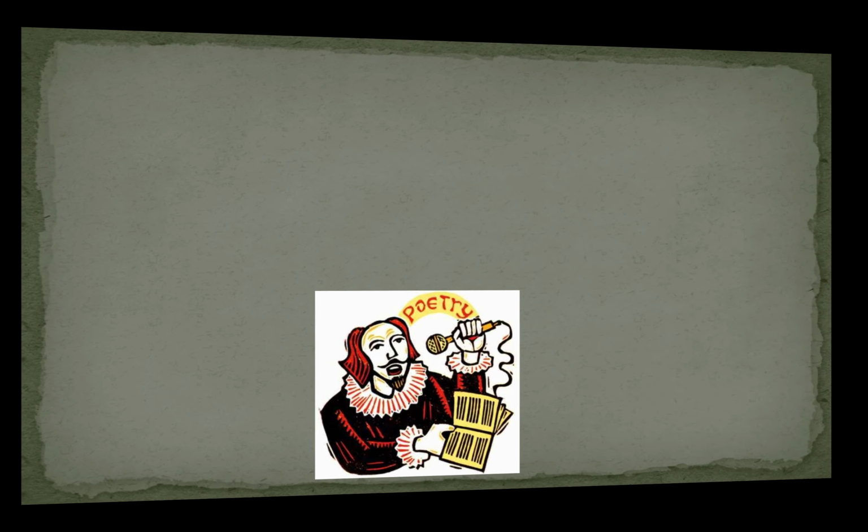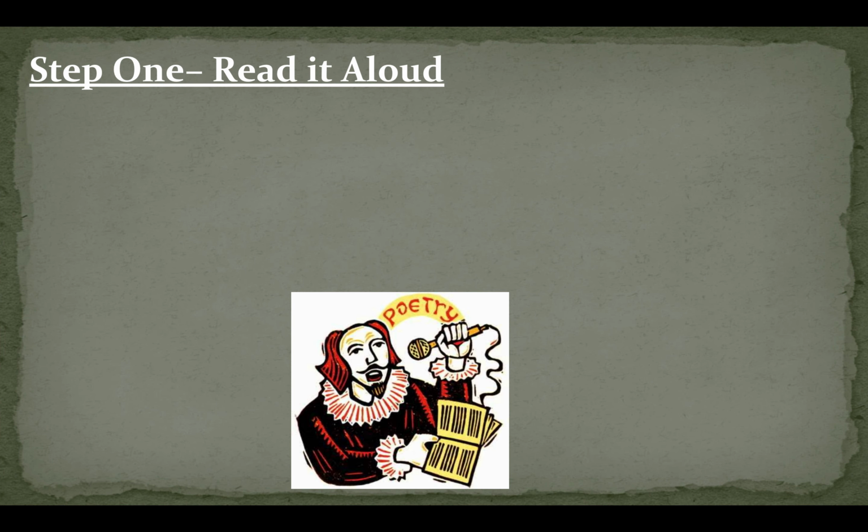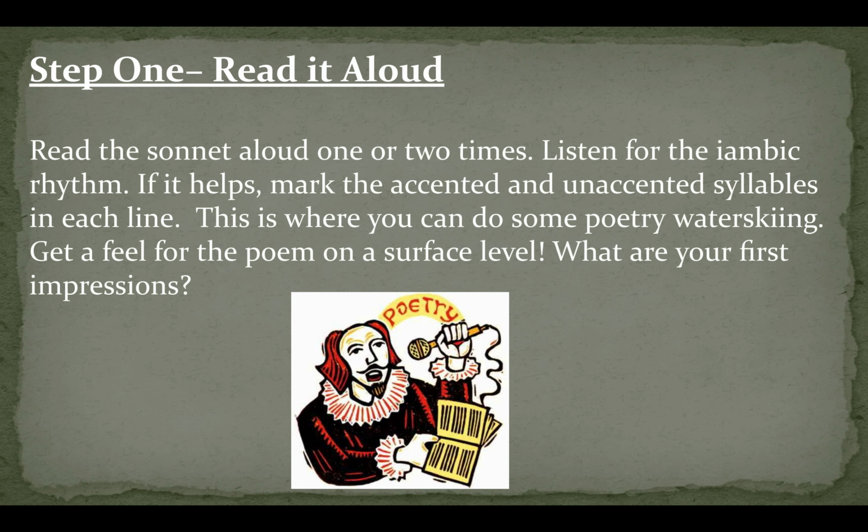All right. So first step is to read it aloud. This goes for any type of poetry, you guys. You want to read it aloud one, two, or more times. The more you read it aloud, the more you get a feel for it, the more you'll get a sense for the iambic rhythm. It also can be helpful to mark the accented and unaccented syllables in each line using those really fun diacritical marks.